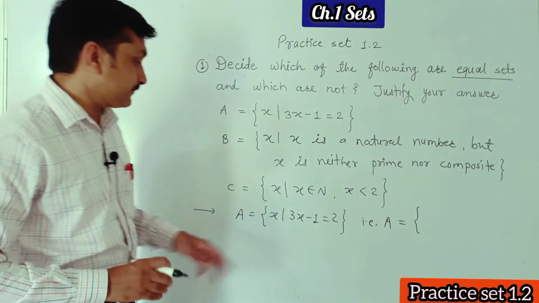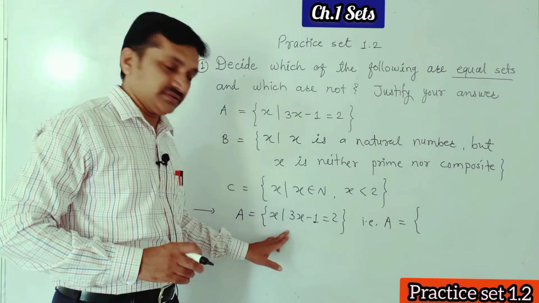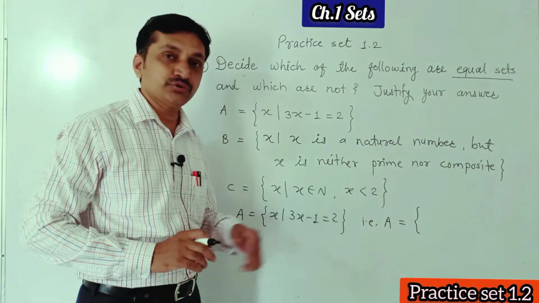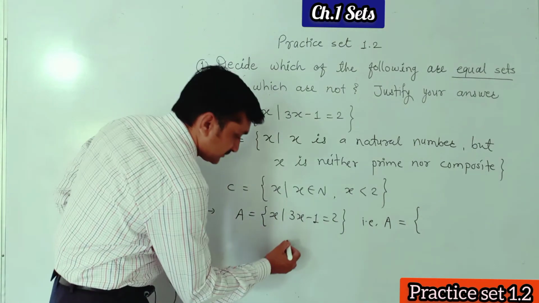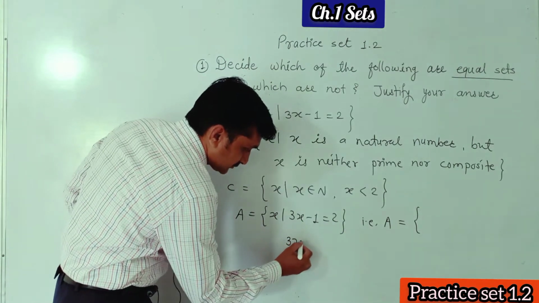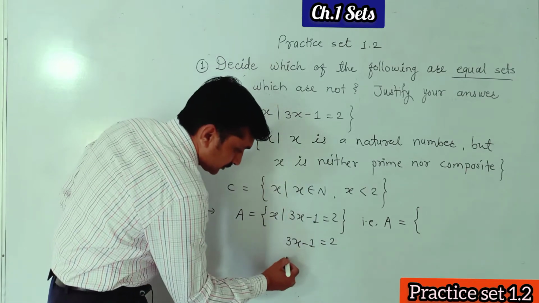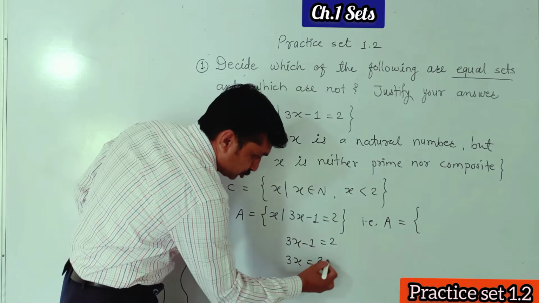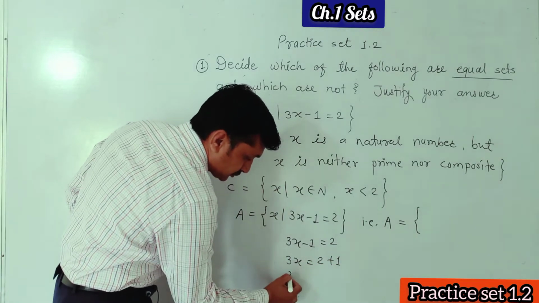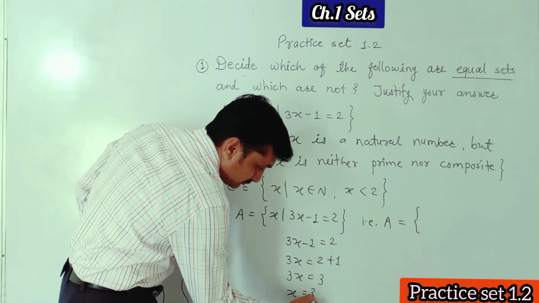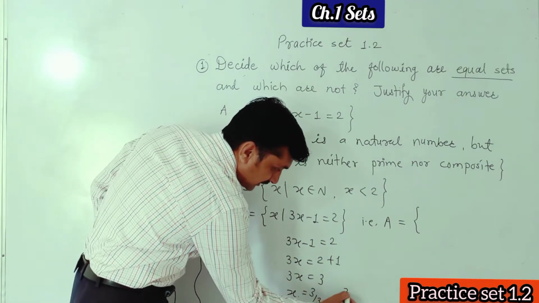If we solve 3x minus 1 is equal to 2, find the value of x: 3x is equal to 2 plus 1, 3x is equal to 3, x is equal to 3 by 3, and therefore x is equal to 1.